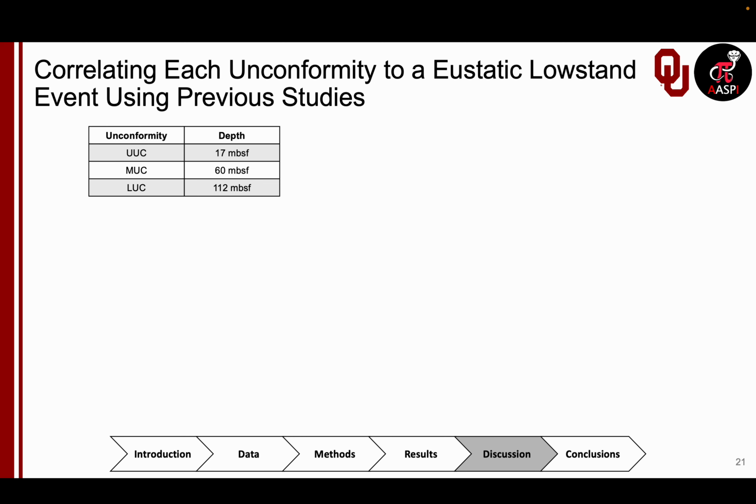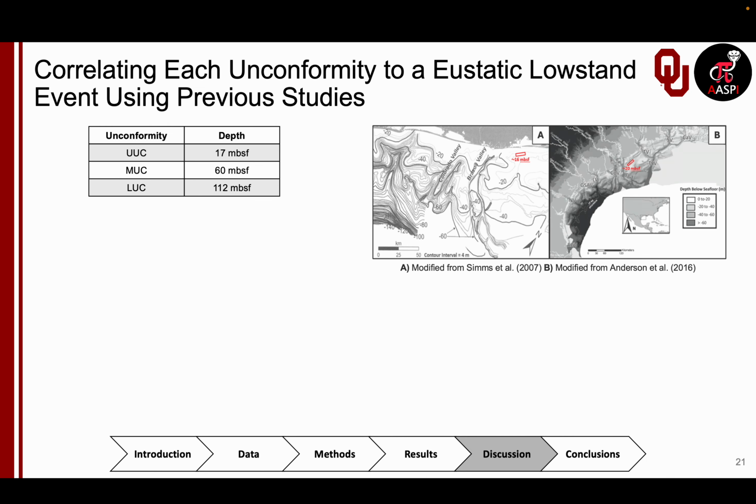So I want to remind you of the approximate depths of each unconformity. Our shallowest one is at 17 meters below the seafloor, our middle one is at 60 meters below the seafloor, and our lower one is at 112 meters below the seafloor.